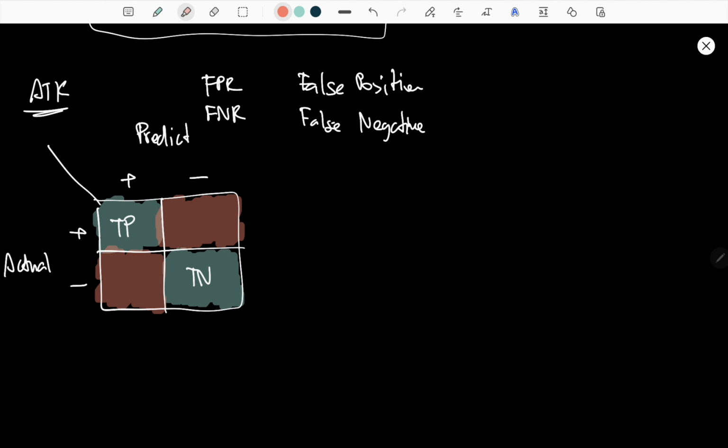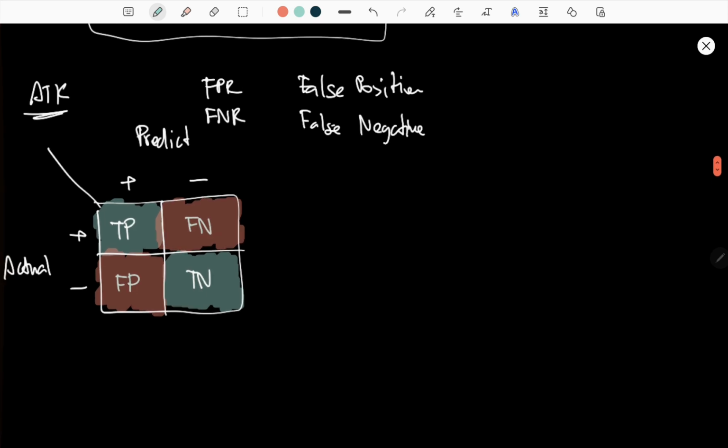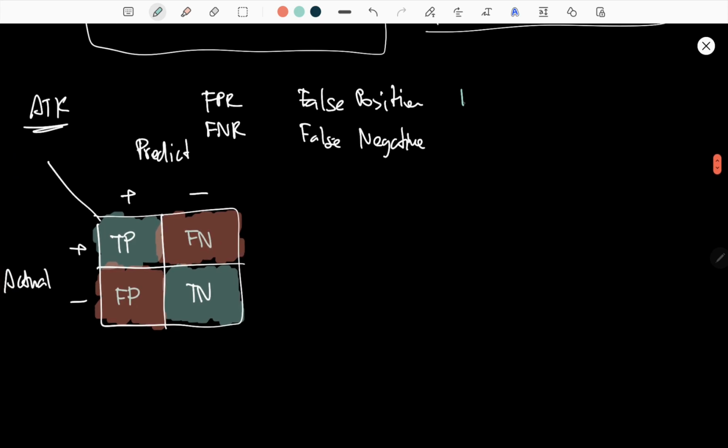This part predicts negative, but the actual value is positive. So this one is false negative. And this is false positive, right? Because it predicts positive, but it's incorrect. So this one is false positive, and this one is false negative.